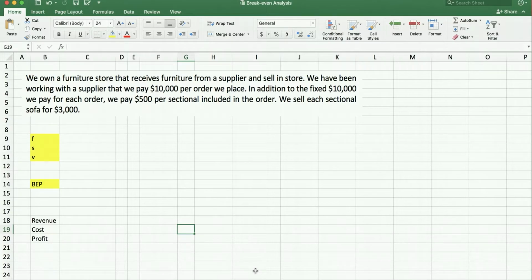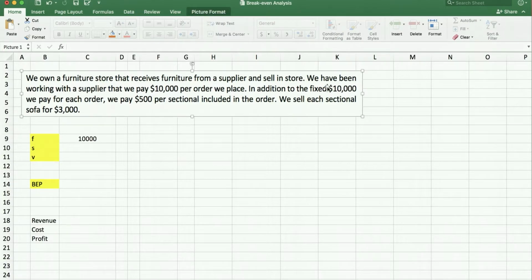In other words, we want to find how many sectional sofas we should sell so that we have zero profit and zero loss. So let's put in what we know from the problem statement in my template here. So F is the fixed cost, and it's given in the problem statement that this value is $10,000.